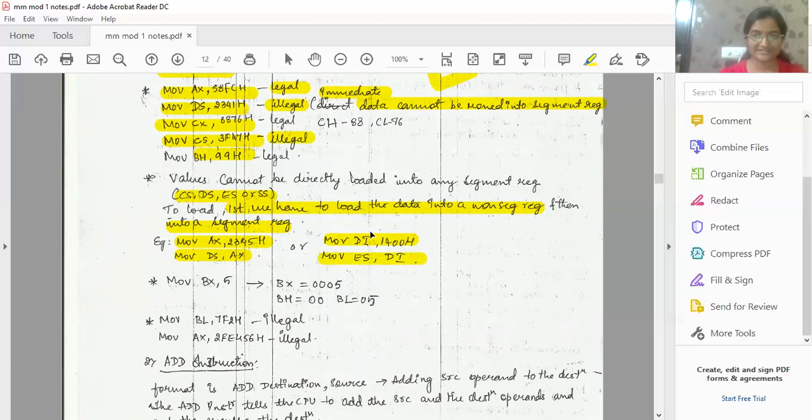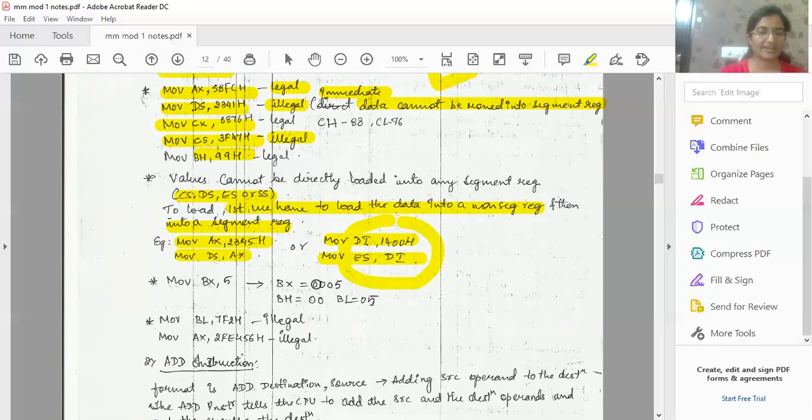DI is the destination index register, right? So we are loading the data 1400 into the destination index register, and then moving the content of DI into ES. ES is the extra segment register, right? So this is the way in which you can move data into the segment registers.